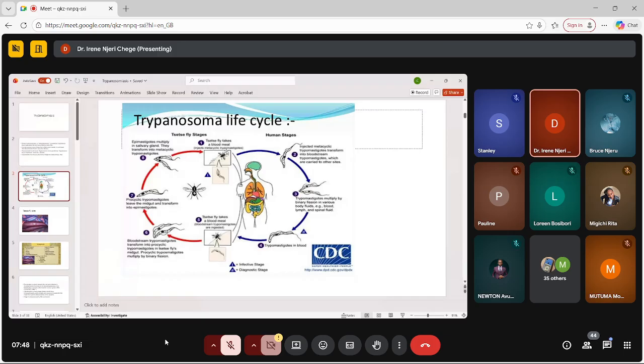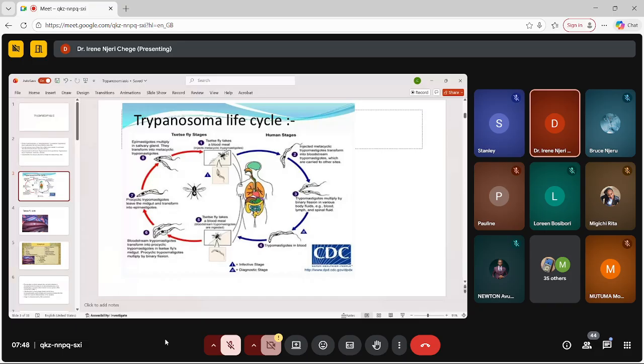And once they go into the blood, another tsetse fly can take a bite from the human being, and then it goes into the insect and changes again into the long forms. And these long forms again are what infect the human.